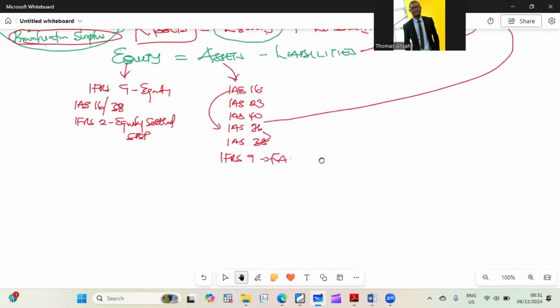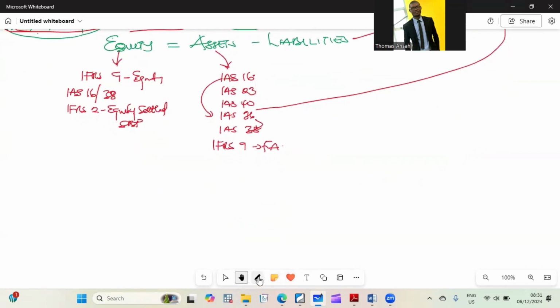Then there are other standards that affect assets, like IFRS 16. The right of use part affects the asset. So these are the things you are supposed to check. Of course, there is the obvious IAS 2 and IAS 41, which are for assets.